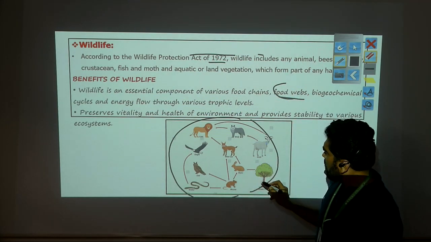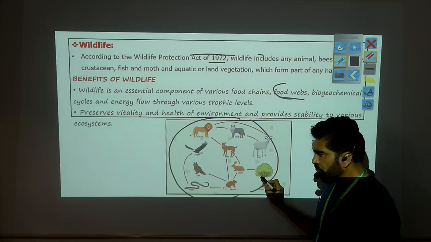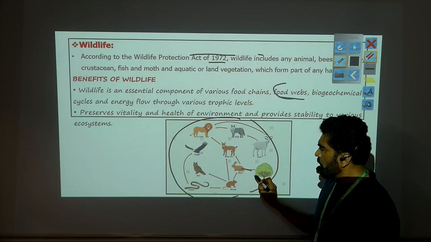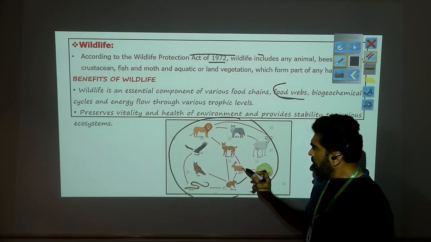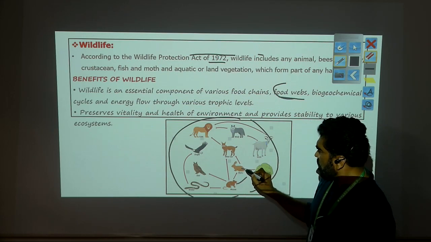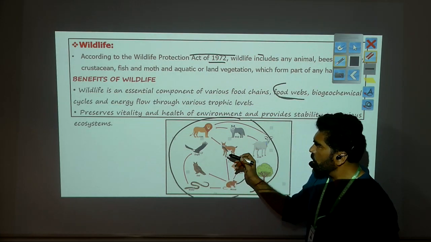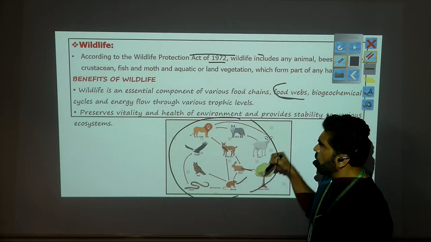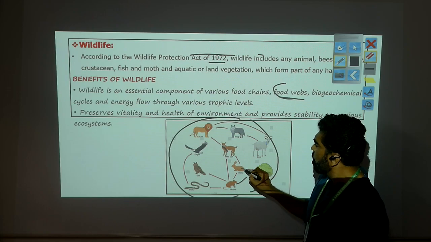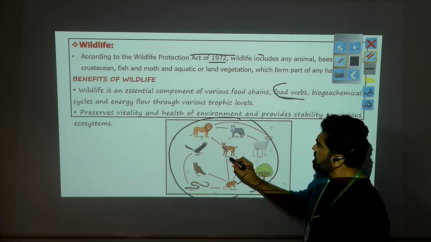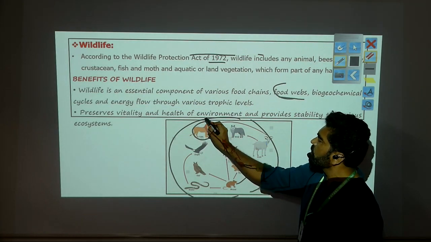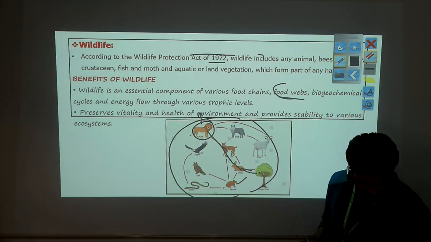See here, the plants, and on these plants various types of herbivorous animals are dependent. And on those herbivorous animals, the carnivorous animals are totally dependent. So the energy flows from these plants to the animals and the tertiary animal, or the topmost animal.